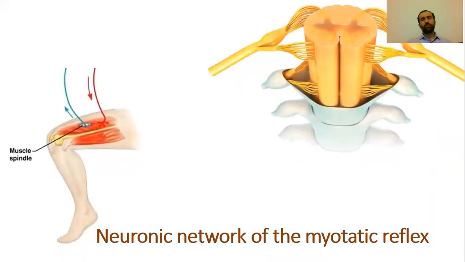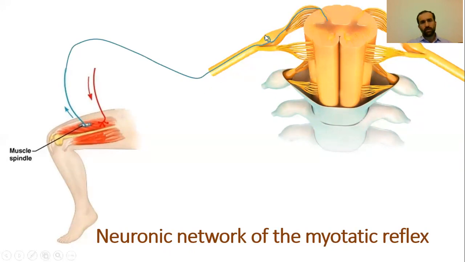This is the spinal cord, and the sensory fiber, which is the blue one, is connected through the dorsal root or the ventral root? And where is its cell body located? You will find it as I draw here.